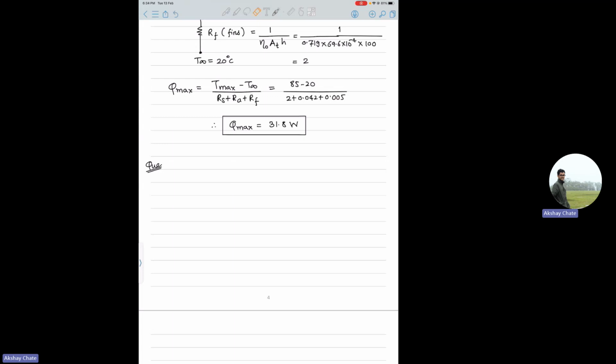Okay, so the question is, here you have a steel pipe, and it's a long pipe, something like this.